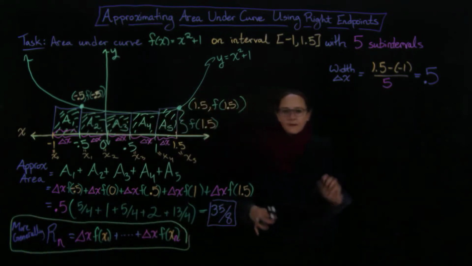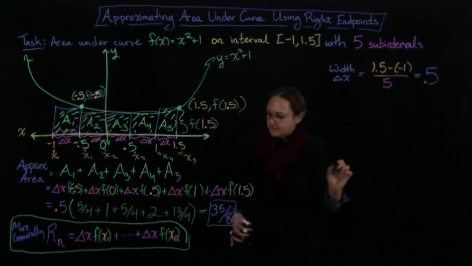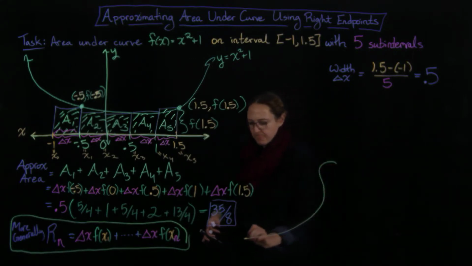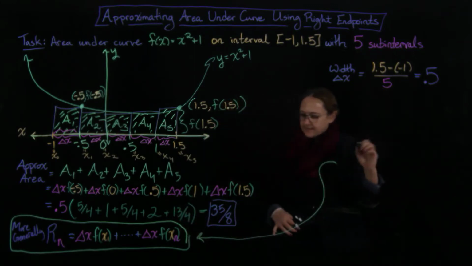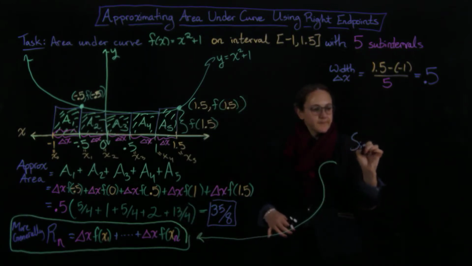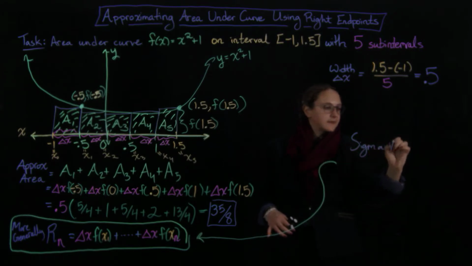Okay, and then how do we write that in sigma notation? So like this, right? And so in sigma notation, kind of as we did with the left, we want to do sigma notation.